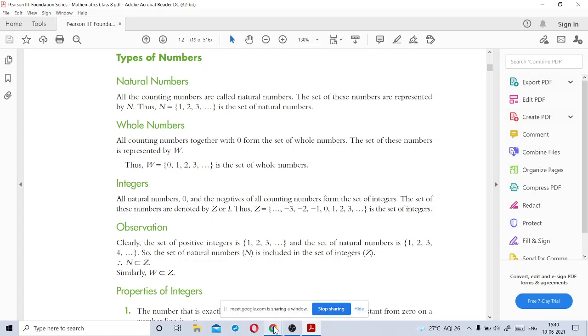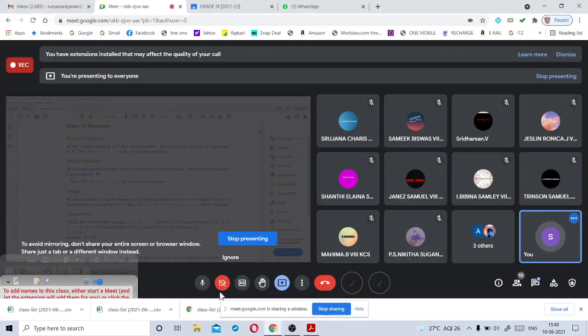Have you recollected this point, my dear children? Yes, sir. Yes, these are very important for this chapter, real numbers. Please bring back these points into your minds. Okay, my children.